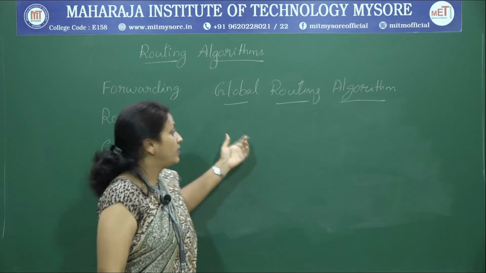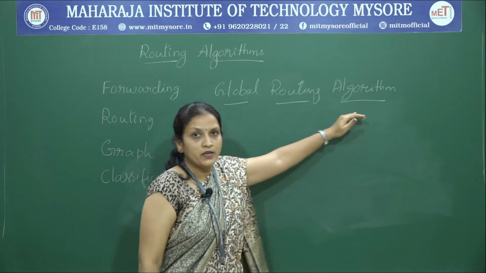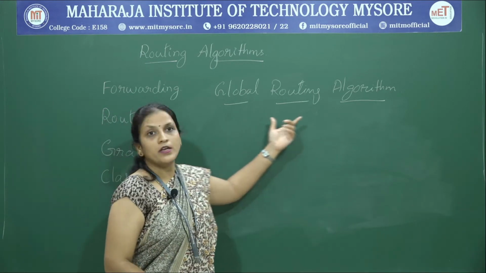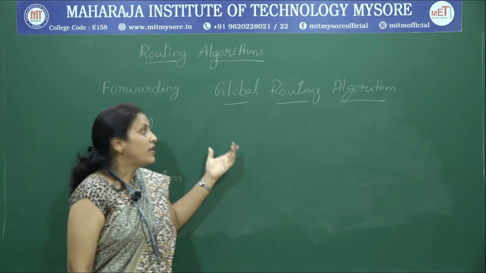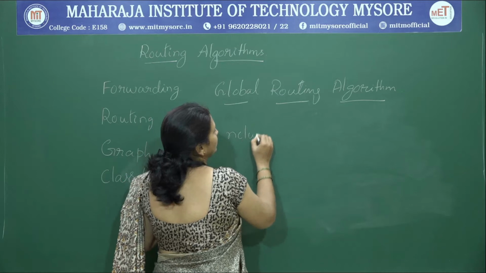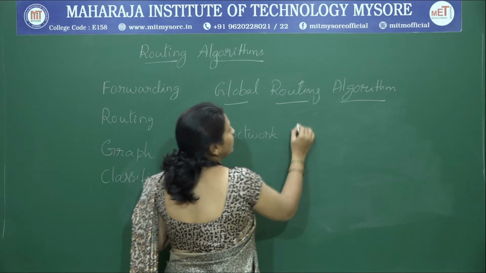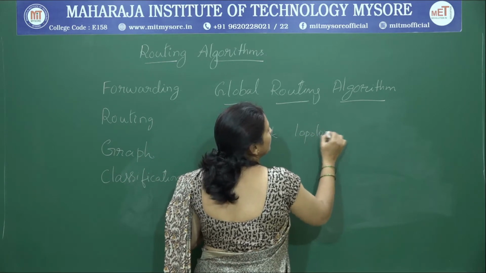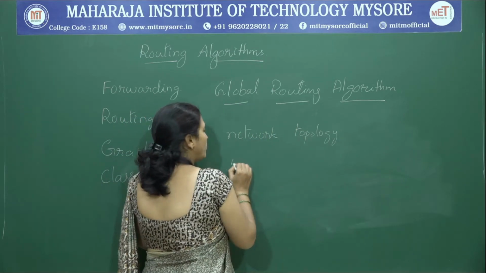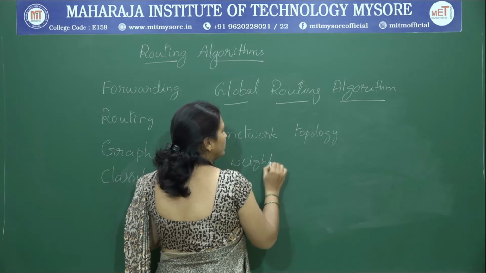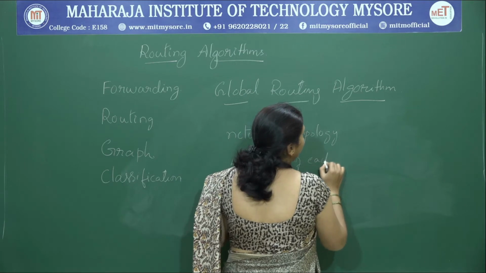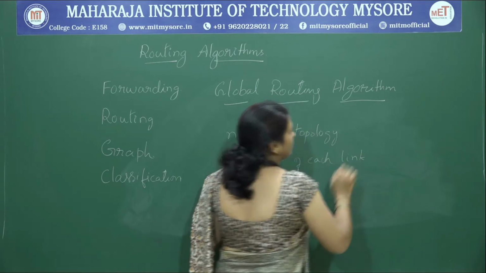According to the first criteria, we have global routing algorithm. What do we mean by global routing algorithm? In this particular category of algorithm, one needs to have the complete knowledge about the network topology, and you need to have knowledge about all the weights of each link in the given graph.